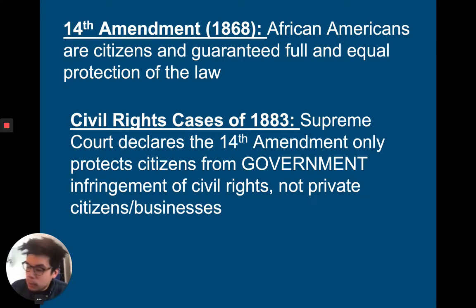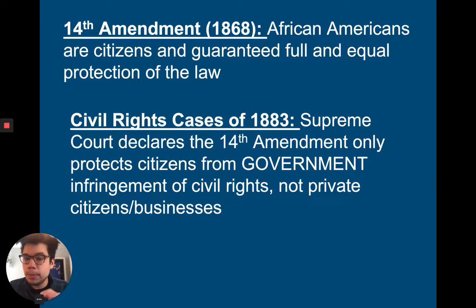Because why? Well, we have the Civil Rights Cases of 1883. Here the Supreme Court clarifies that the 14th Amendment is only going to protect citizens from government infringement of civil rights, not private citizens or businesses.